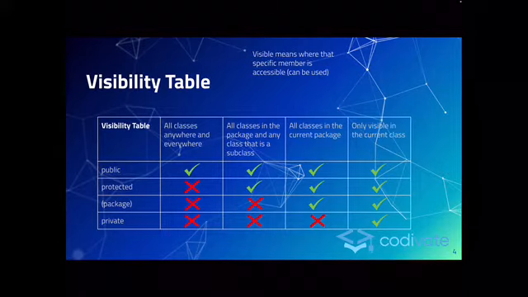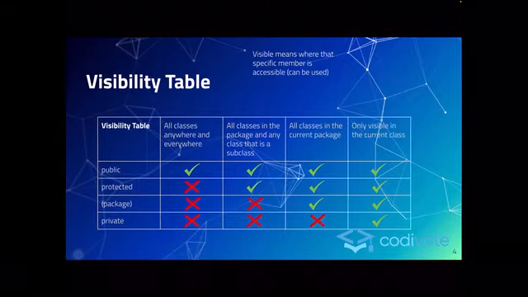In addition, you can also use them in the current class, of course. If you use the package modifier, it will only be visible in the current package and the current class, of course. Finally, if you use the keyword private, you can only use it in the current class.